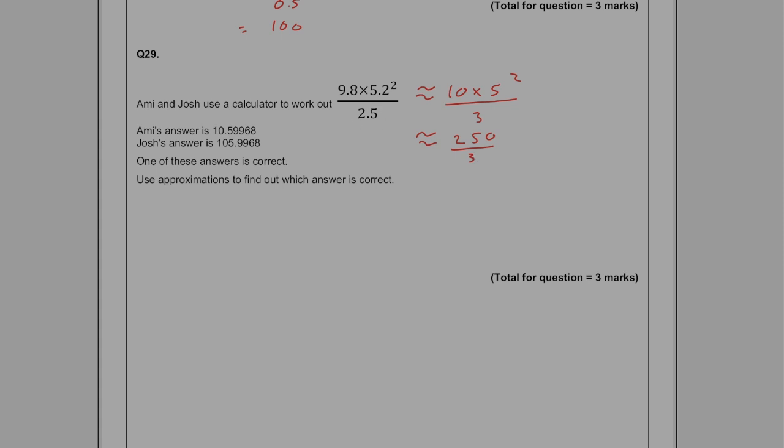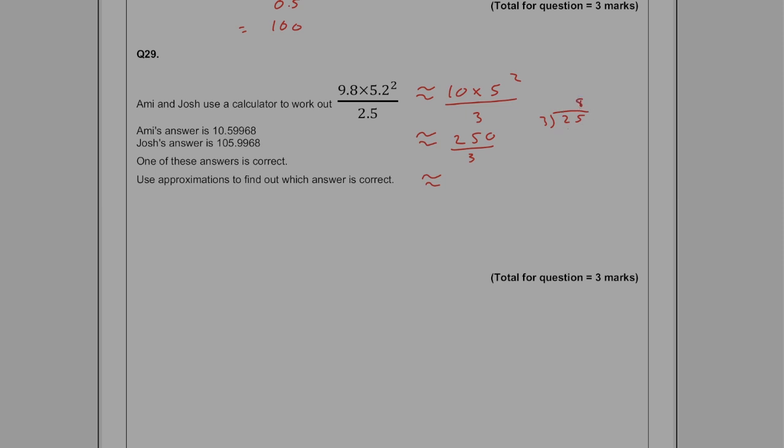You can see why 2.5 would be easier here. I always say you round to one significant figure unless it's easier to go more accurate. So arguably here it would be easier to do 2.5 because 250 divided by 2.5 would be 100. If we go a little bit further though, I'll stick with this because that's the method that I've shown most people. 250 divided by 3 is equal to, well, 25 divided by 3, 3 goes into 24 fully 8 times.